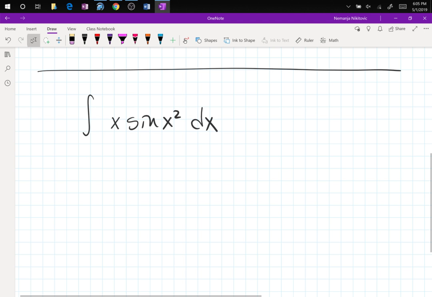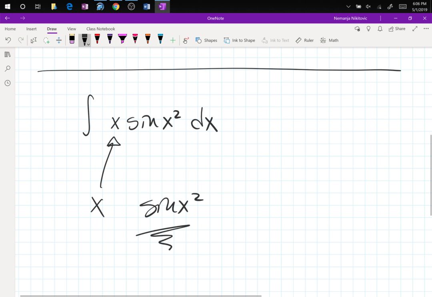Looking at this integral, what would be the thing that should bother you the most? X times sine x squared. Because you know the way to integrate sine x, but you don't know the way to integrate sine x squared. I know x, x is cool, but sine x squared is definitely not cool.